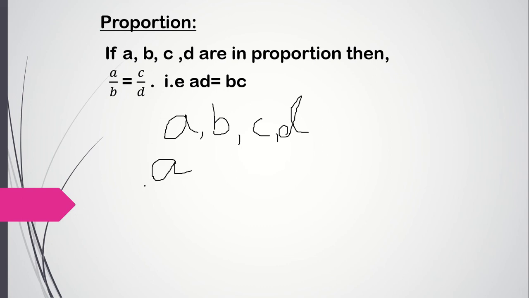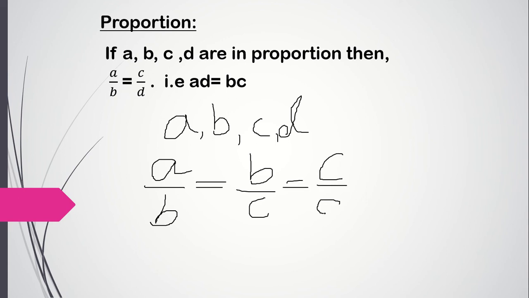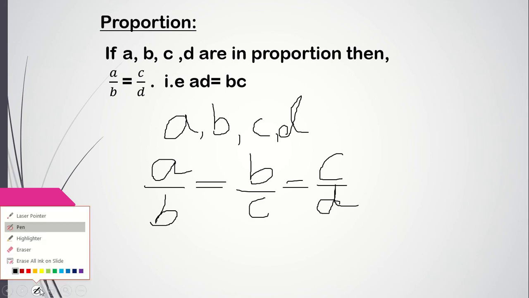So you will have A upon B is equal to B upon C is equal to C upon D. In this kind of proportion, the second number is repeated. Ratio of first to the second, then second to the third, then third to the fourth number.